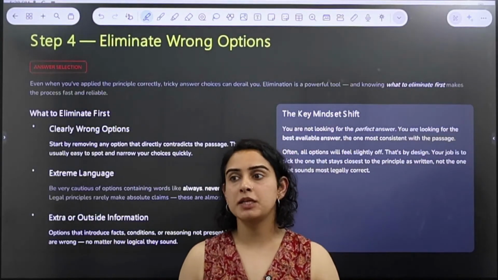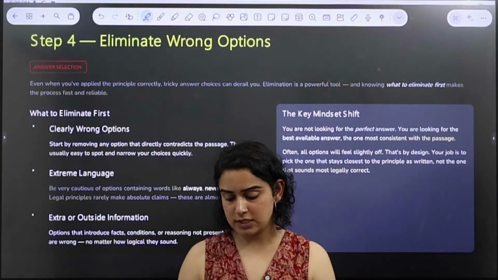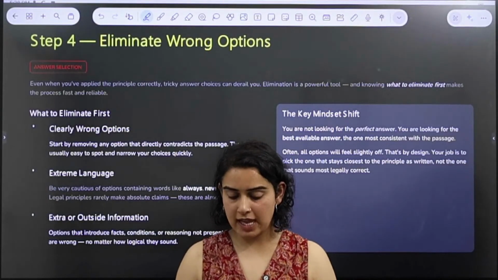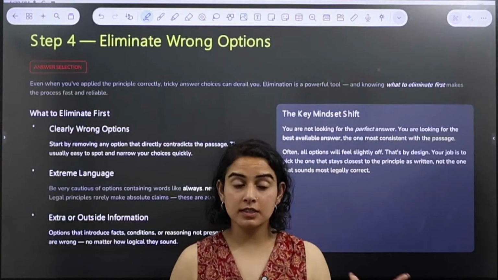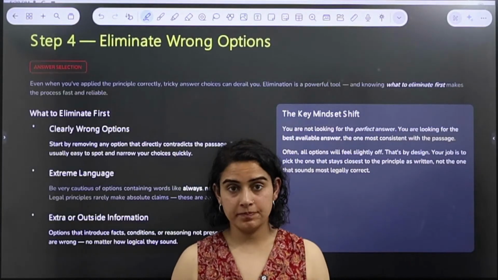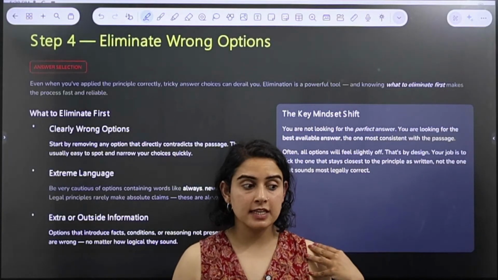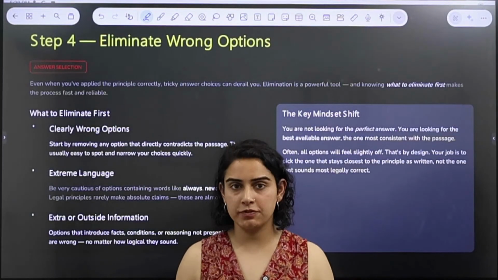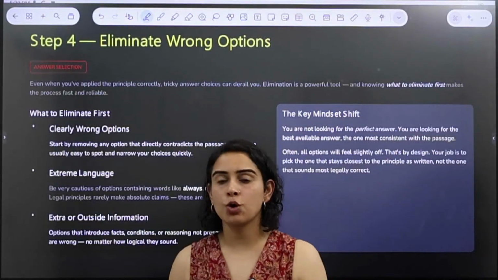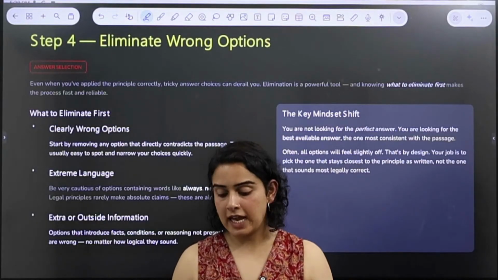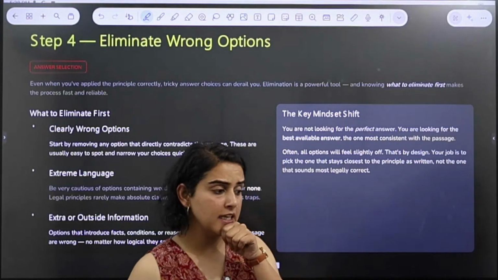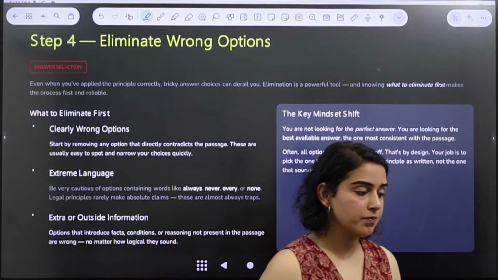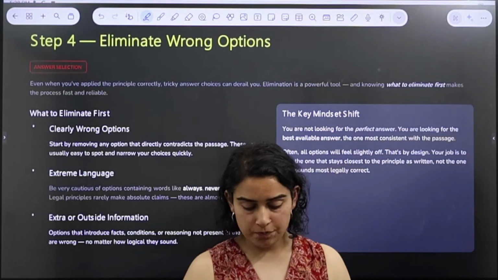Trust me, I have seen so many students applying this elimination technique, and it has worked well for them. It is extremely useful when you are not sure of the answer. So in that case, use this elimination technique. It can be a game changer.